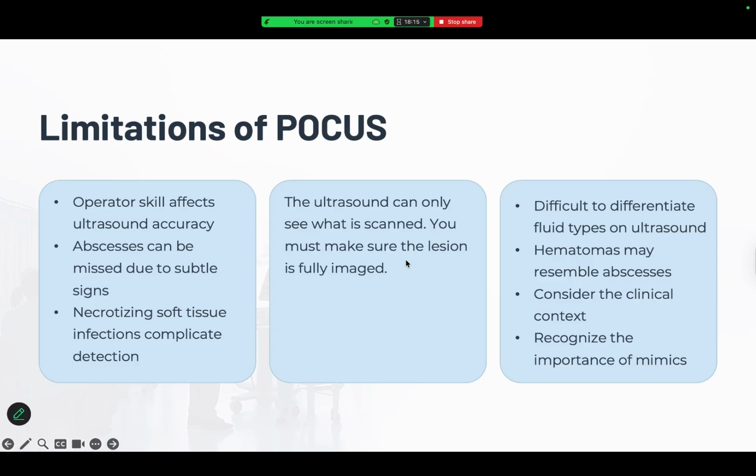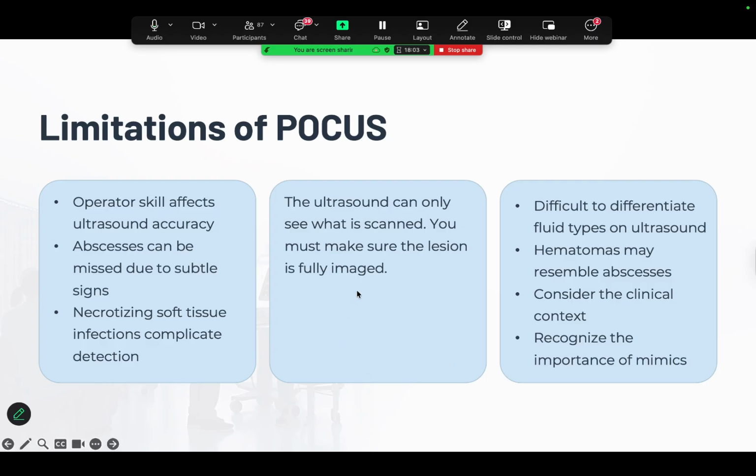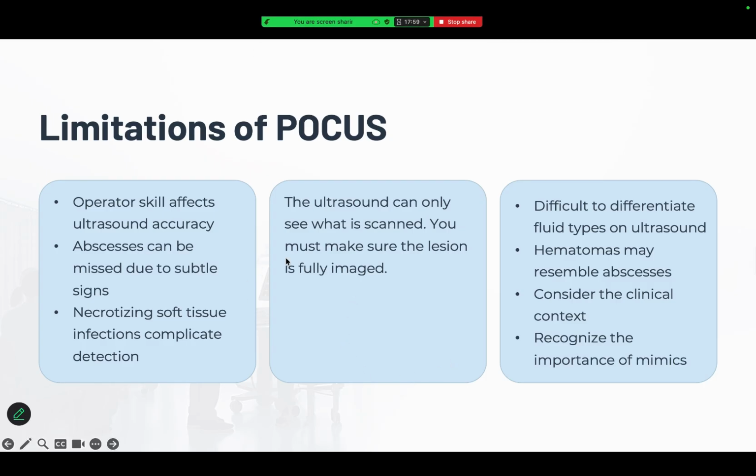And ultrasound is just to scan what we are looking for. If we don't check the whole lesion, we don't map the whole lesion, so we may miss some abnormality and some pathology. So that's why it is very important to scan all the surrounding of that lesion, that cellulitis that you find. And it is very difficult sometimes to differentiate between the fluid.